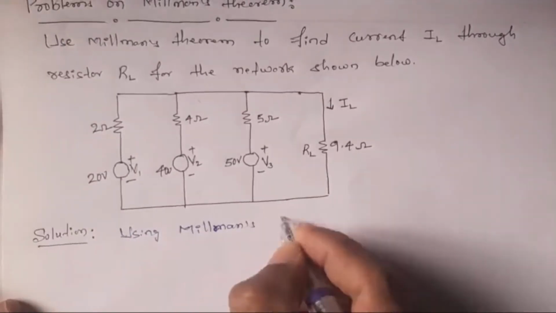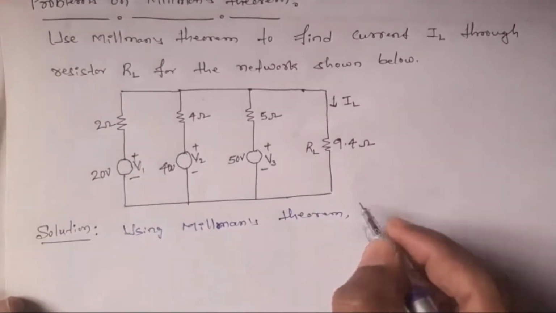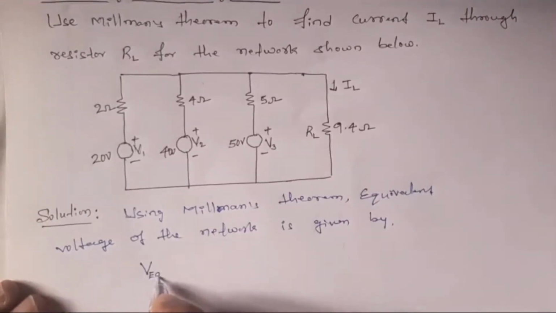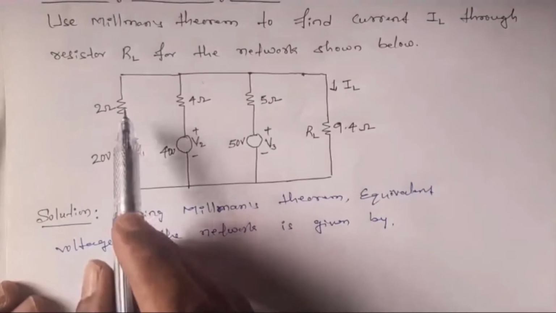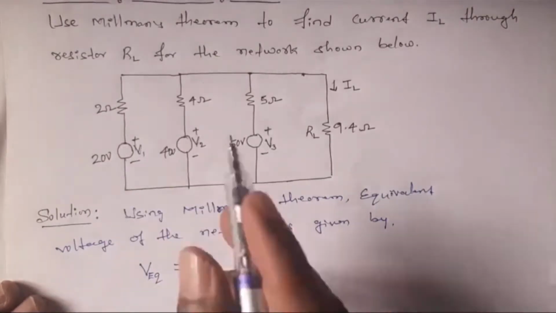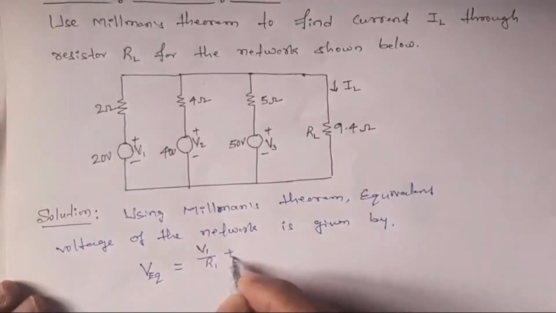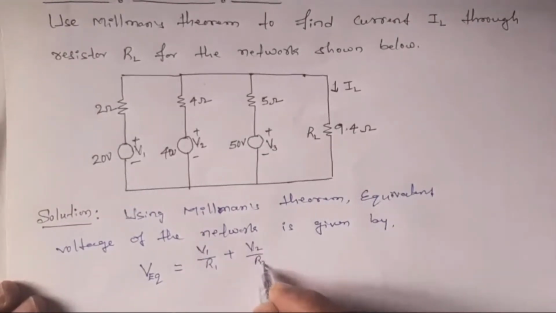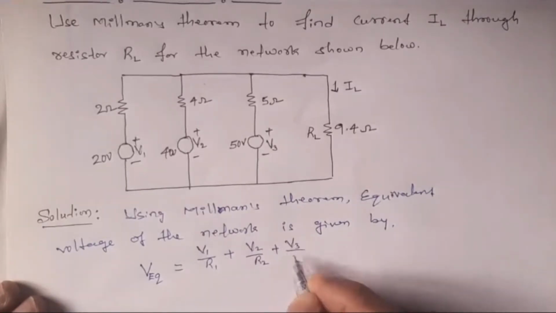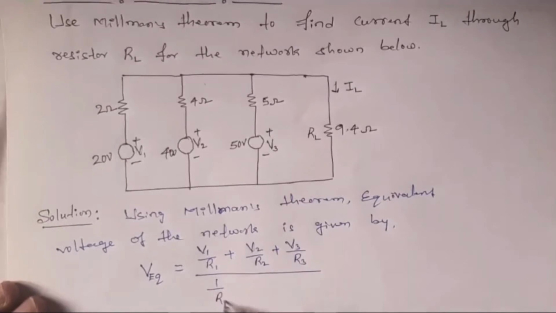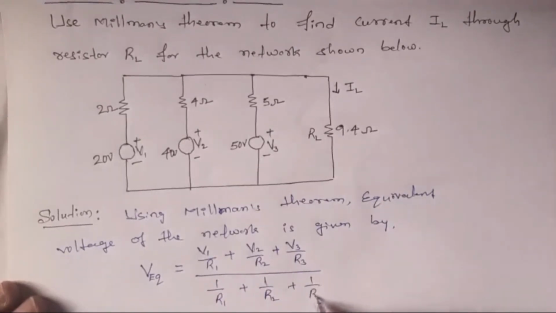Using Millman's theorem, the equivalent voltage of the network is V equivalent equals V1 by R1 plus V2 by R2 plus V3 by R3, whole divided by 1 by R1 plus 1 by R2 plus 1 by R3.